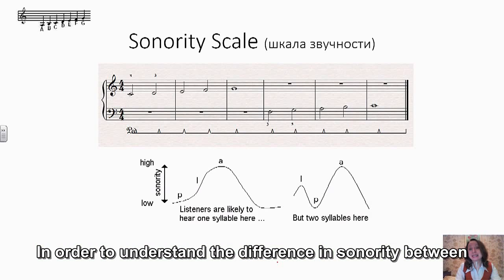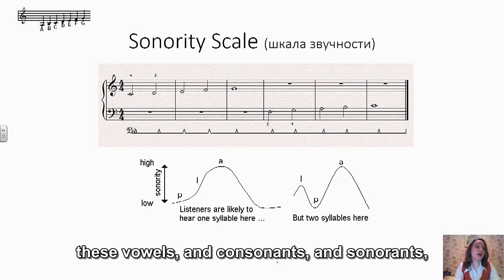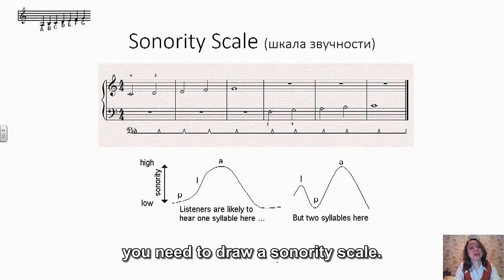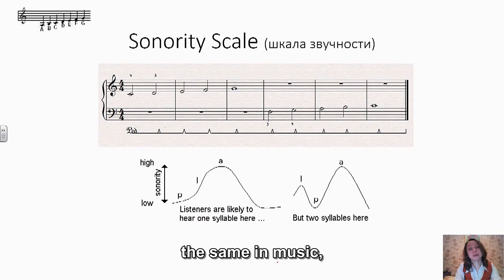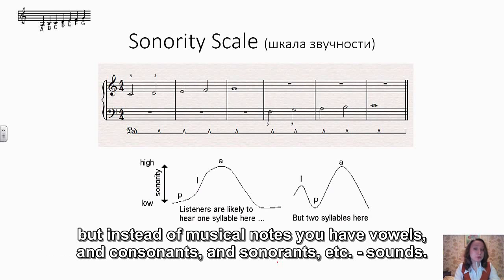In order to understand the difference in sonority between vowels, consonants and sonorants, you need to draw a sonority scale. The sonority scale in phonetics resembles the same in music, but instead of musical notes, you have vowels and consonants and sonorants, etc. sounds.